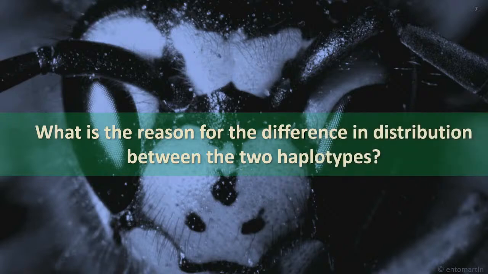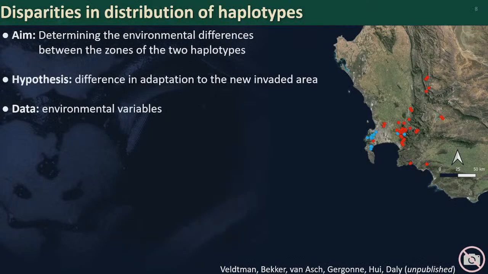So the next question is, what is the reason for the difference in distribution between the two haplotypes? In a very recent, not yet published study, my colleagues from the Conservation Department of Stellenbosch tried to determine the environmental differences between the zones of the two haplotypes.